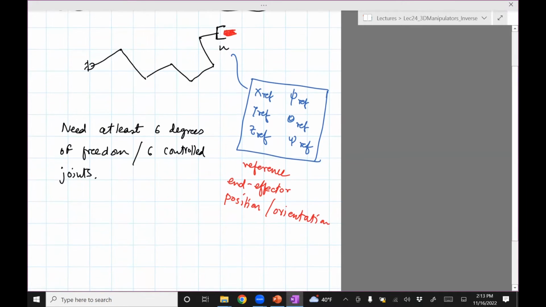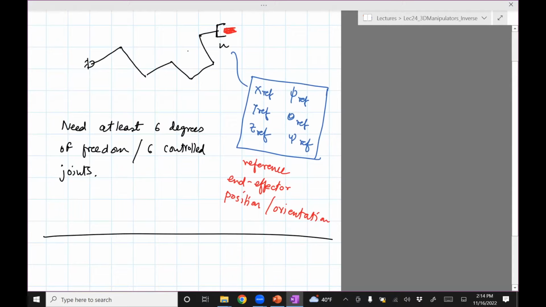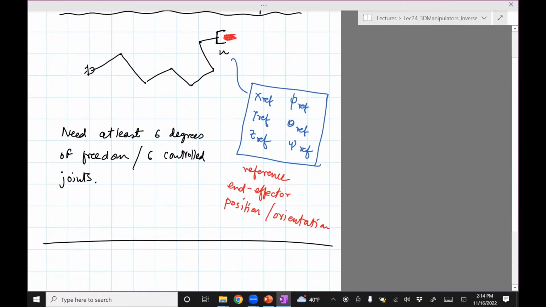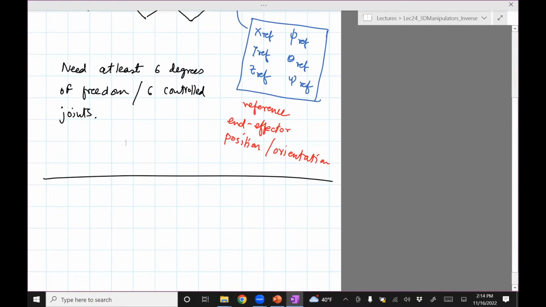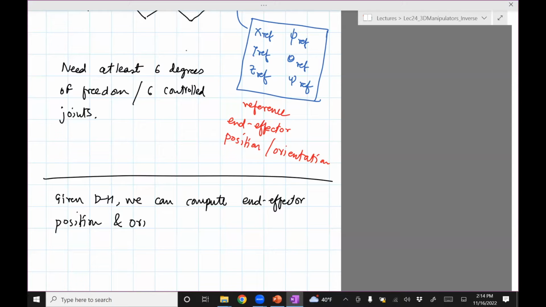So what we have seen so far is that given the DH parameters of this manipulator, we can compute the end effector position and orientation.